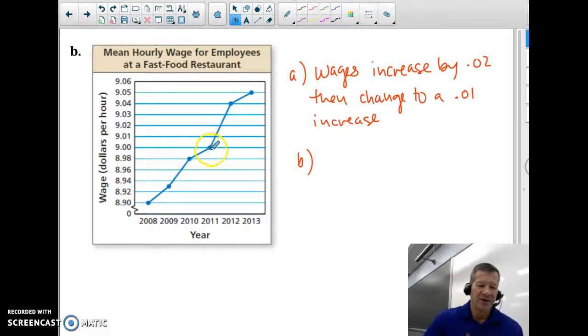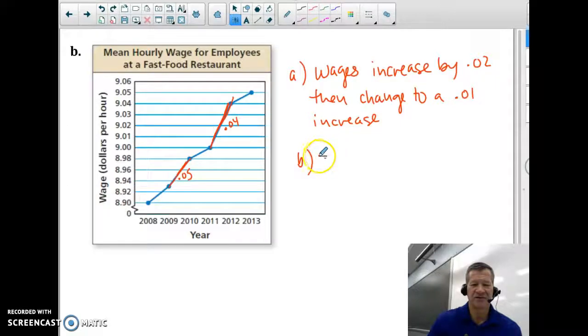Well, for example, between 2011 and 2012, it looks like this was an increase of 4 cents. Okay, if I go between 2009 and 2010, we've increased from 893, because it's in between there, to 890. It's gone up 5 cents. Well, it looks like there's a bigger increase from 2011 to 2012 than there is from 2009 to 2010.